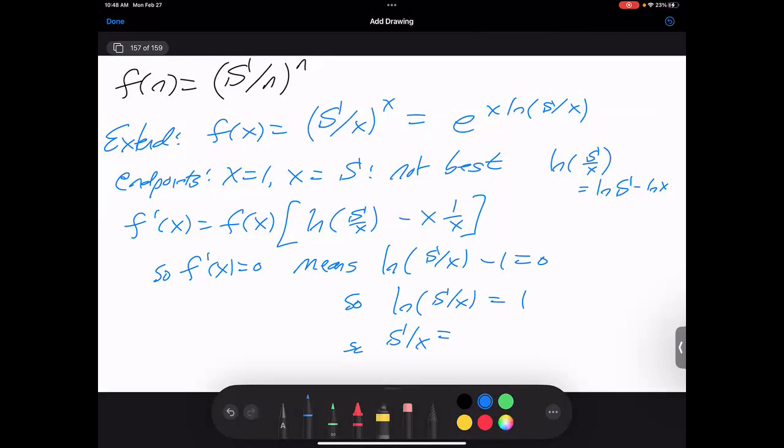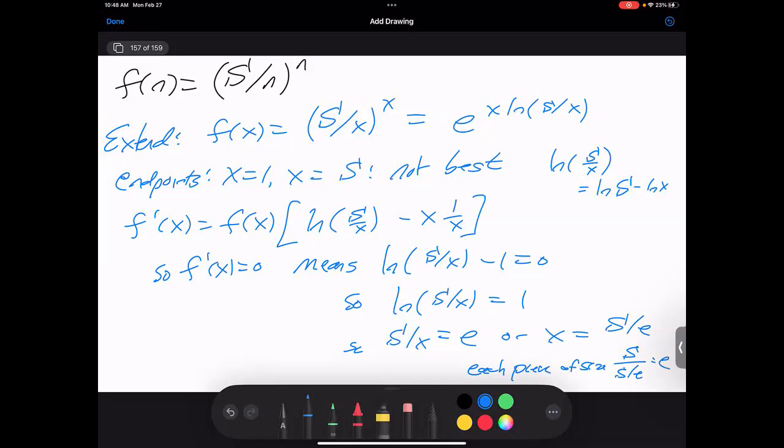No, 0, the natural log of 0 is undefined. E, the natural log of E is 1. So S over X is E, or X is equal to S over E. So the number of pieces we want to have is S over E. Each piece of size S divided by the number of pieces, which is E. So we basically want each piece to be of size E.